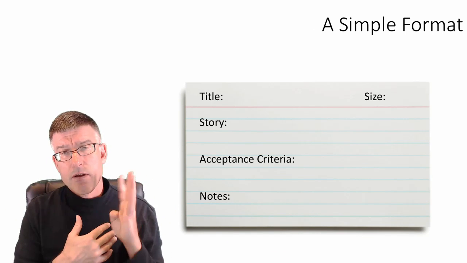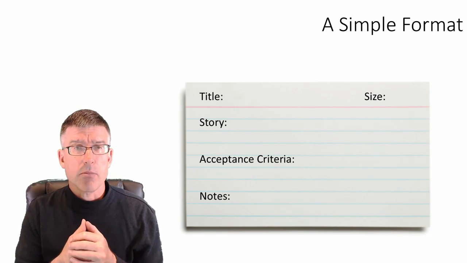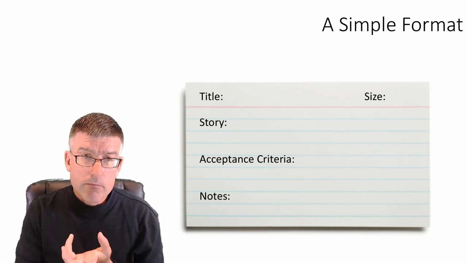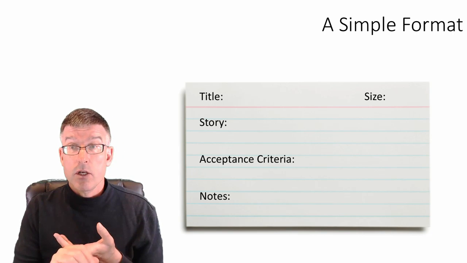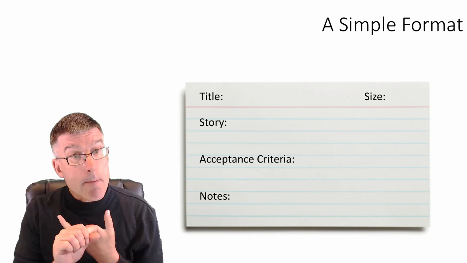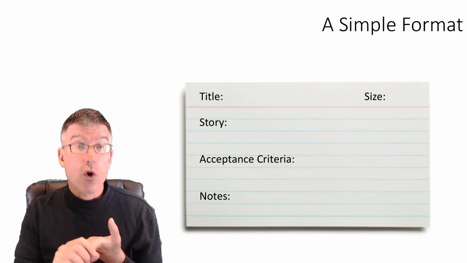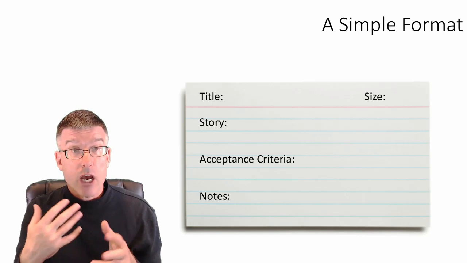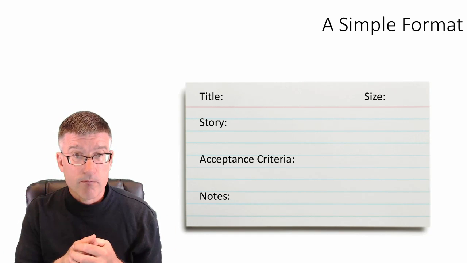There's at least 5 fields within a user story template. A title, that makes sense. A good story should have a title. There should be something that indicates how big the user story is, a size. Of course, the story itself, the couple of sentences that describe something of value to a stakeholder.